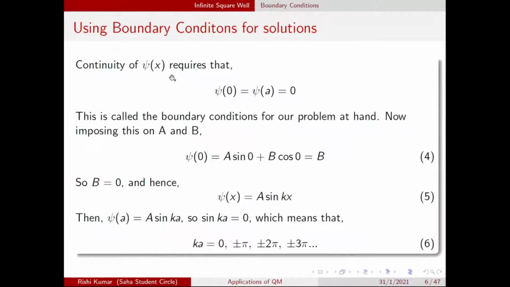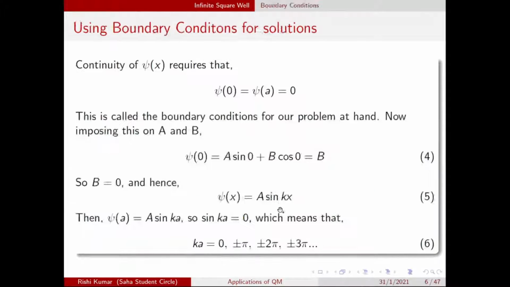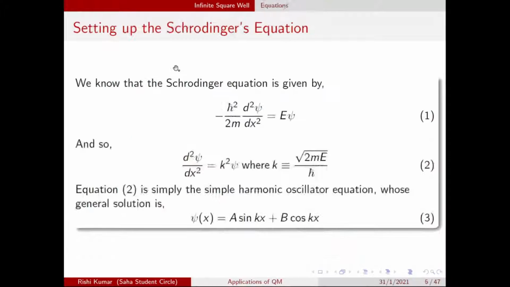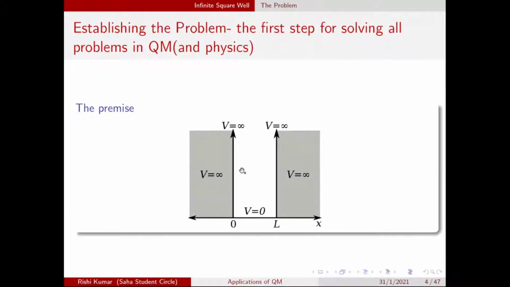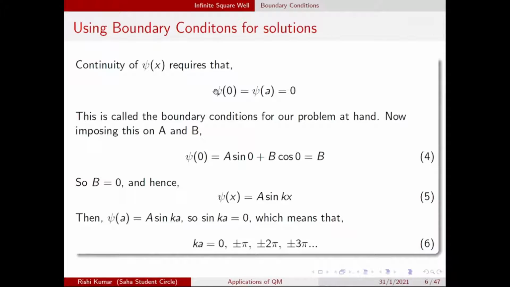What we are going to do here is use boundary conditions to solve for k, A and B. Essentially, continuity of ψ of x means that, as I said before, the particle cannot exist outside of x equals 0 and outside of x equals a or L. So at ψ of 0 and ψ of a, the quantum packet cannot exist. So then we have a probability of 0.